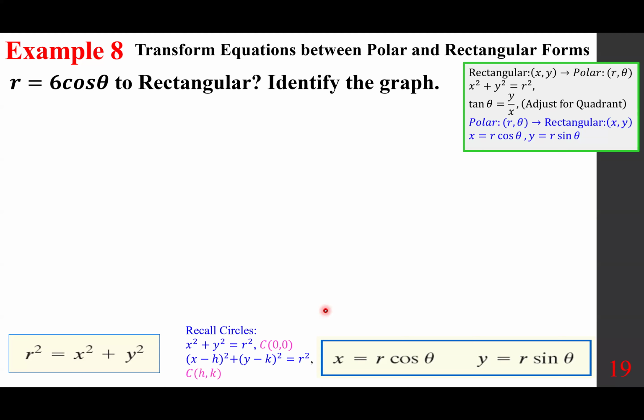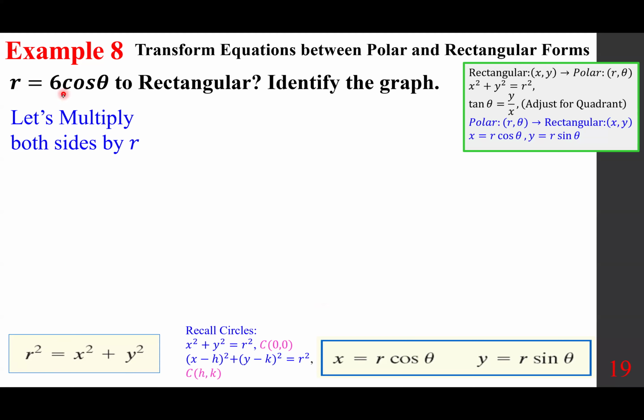Now, whenever we have r and sine or cosine, the technique actually is to multiply both sides by r. So this is a technique that you need to learn, everybody. So let's multiply both sides by r.